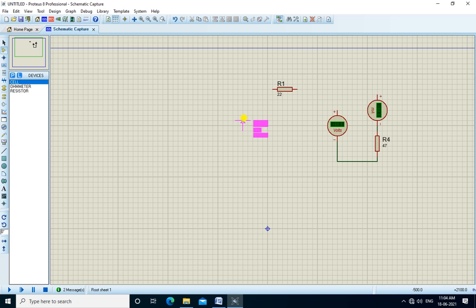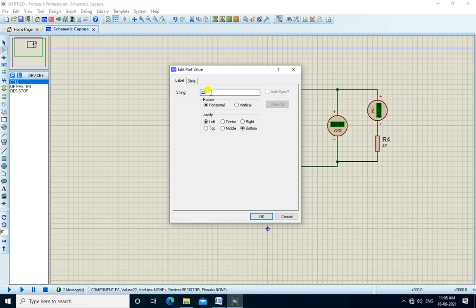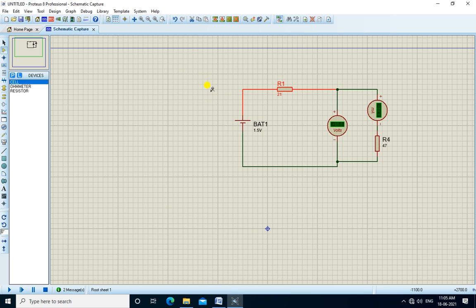We need a power source, the DC voltage supply, and connect the circuit. The VTH value is 1.5 volt and the value of R1 is 21 ohm. Now we run the simulation.